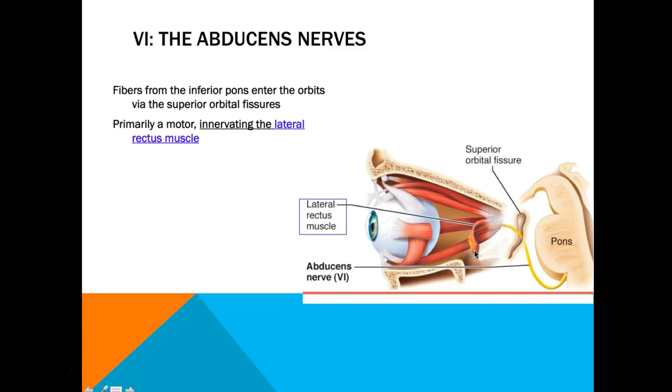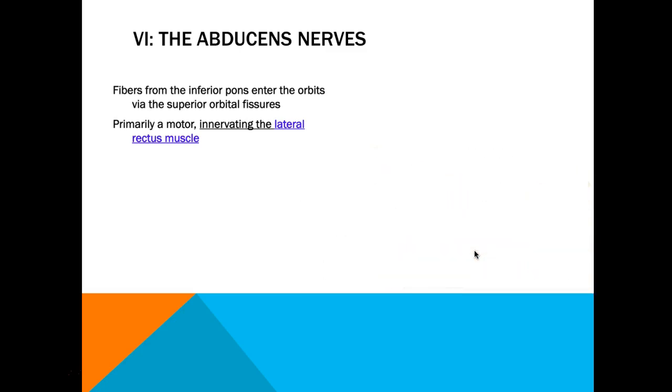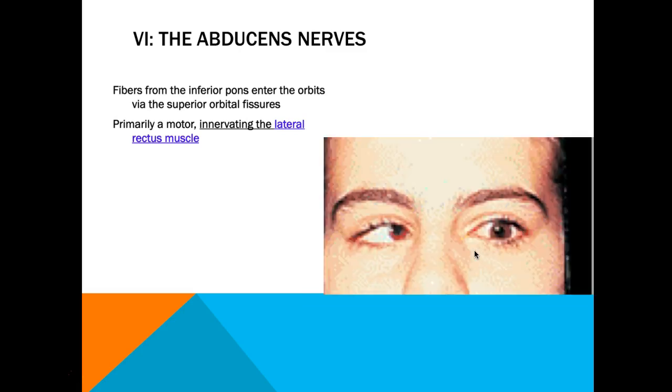This muscle will help to abduct or laterally move the eyeball. And so we have primarily motor fibers helping us do this to innervate this lateral rectus muscle. If this nerve were to be lesioned, then the eyeball would be adducted or medially rotated.